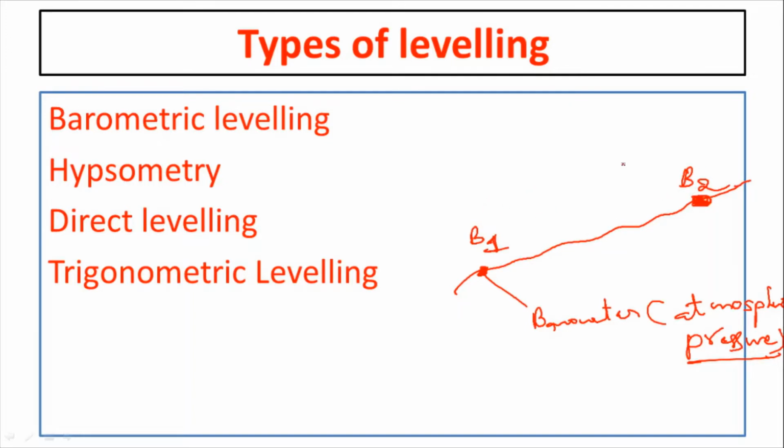You know that with variation in altitude, atmospheric pressure also varies. So based on the difference between the atmospheric pressures, we can determine the difference in elevation. So in barometric leveling, the difference in elevation is determined by measuring the atmospheric pressure.